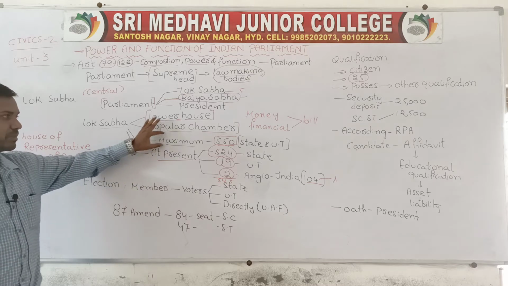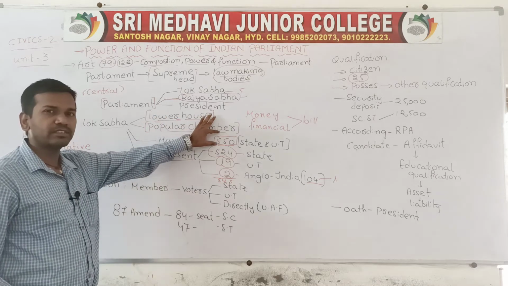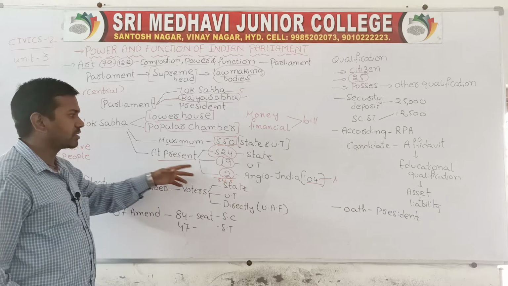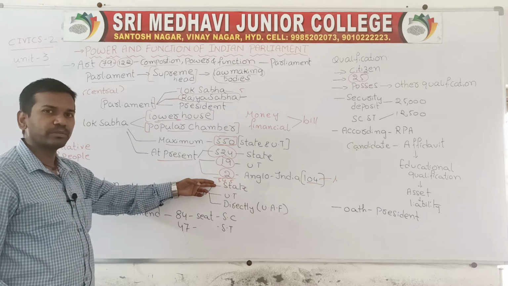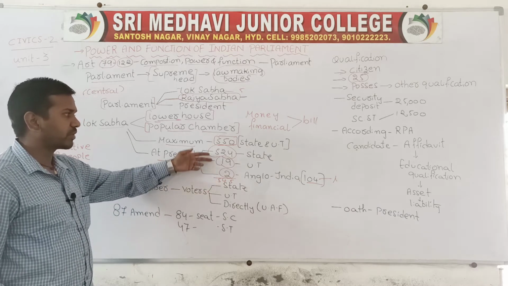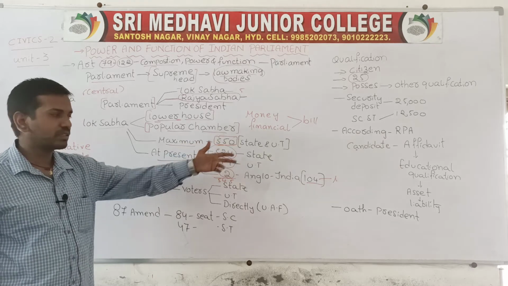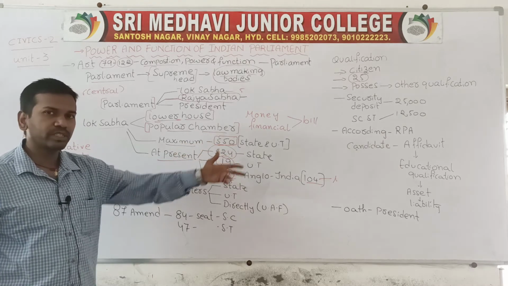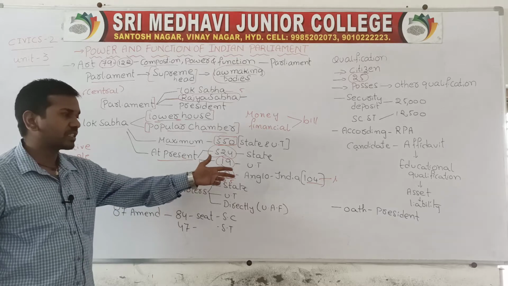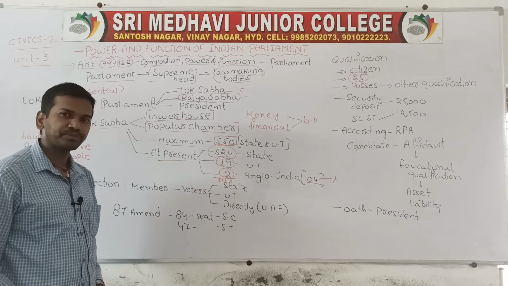So the maximum strength is 550, which should not be exceeded, but the total strength is 545 members.